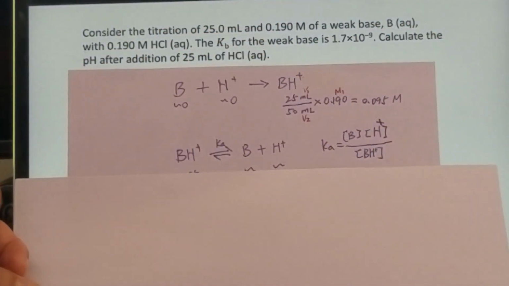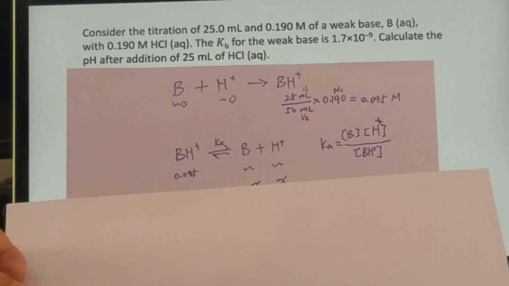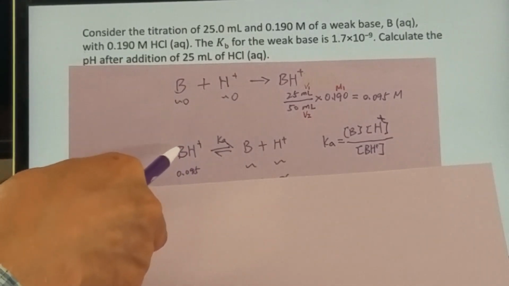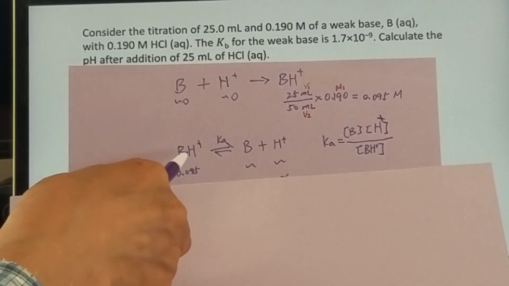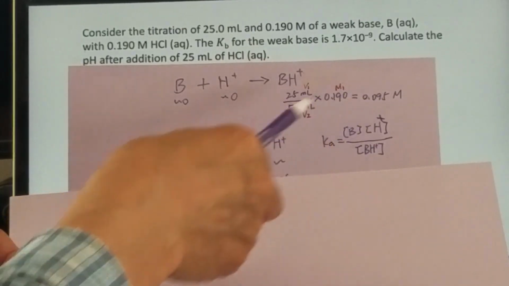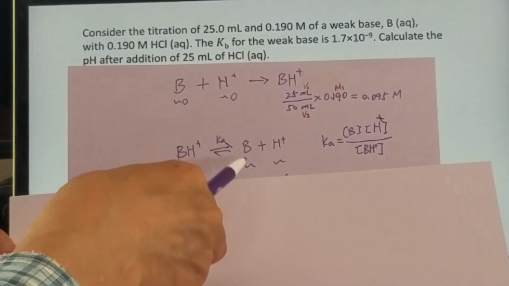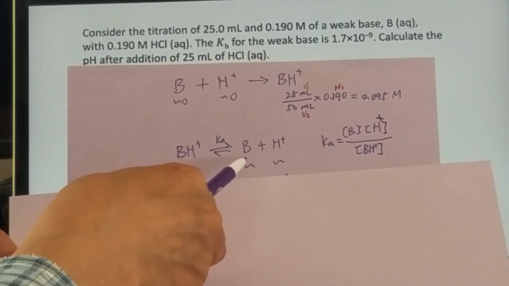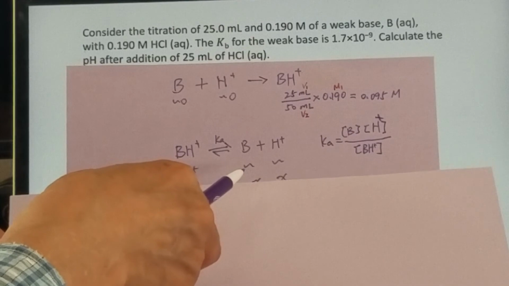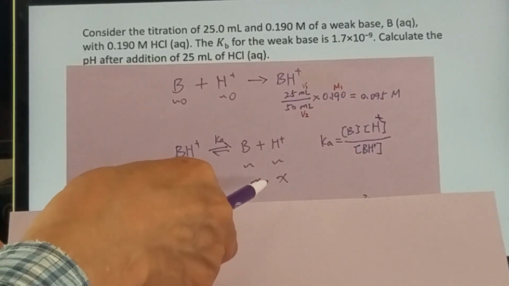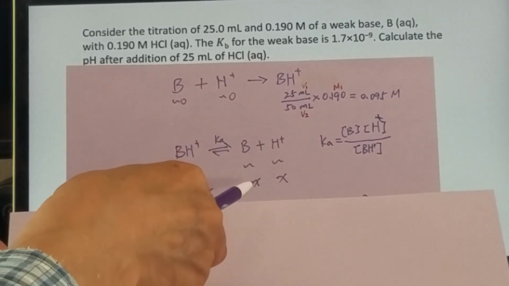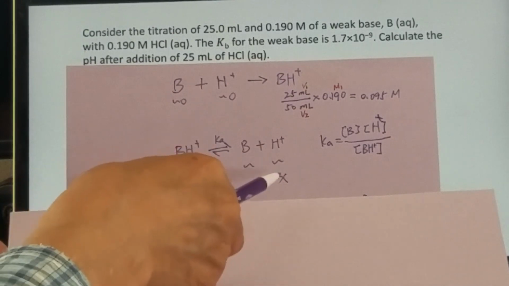Okay. So now let's take a look at the concentration profile. Right at that moment, before the dissociation, you have concentration 0.095, we got that from there, and then virtually you have nearly 0 for B and H plus, okay? However, if we assume X for B and H plus is formed, okay?